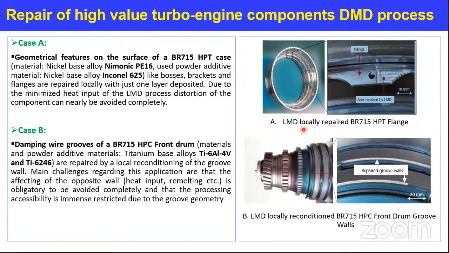It is called by different names, and it is a nickel based alloy. And this case study is from a titanium alloy, where again the worn out grooves can be repaired by depositing titanium based alloys, and eventually these expensive material components can be reused.